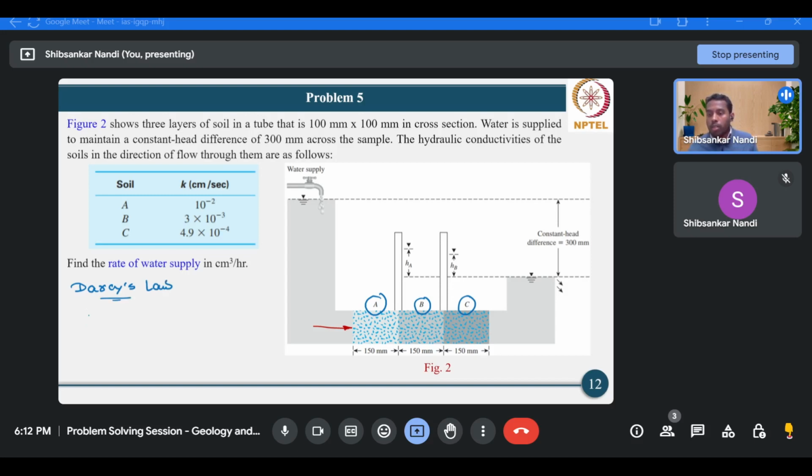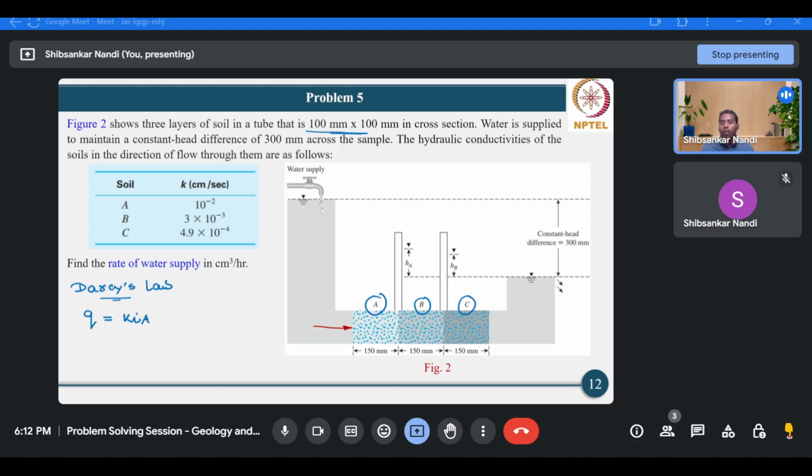So Darcy's law you have to implement for determining the rate of water supply. So Q equals K I A. Now A, you know, the gross cross sectional area perpendicular to the flow direction, is 100 mm by 100 mm. You know the hydraulic conductivity value.